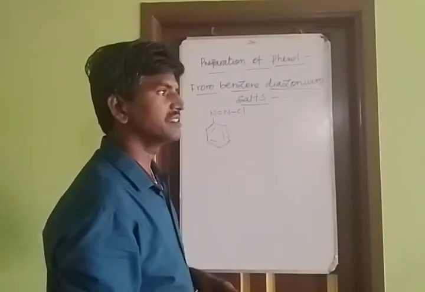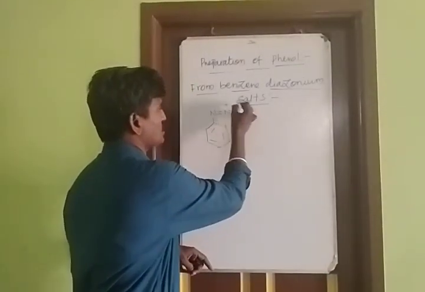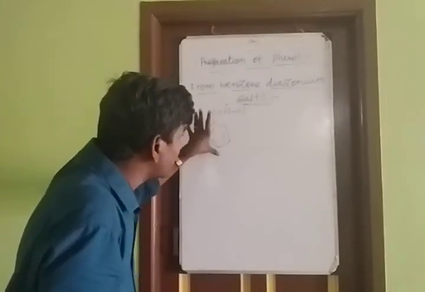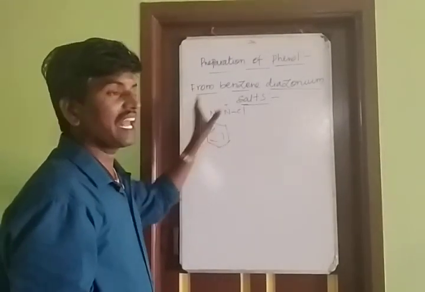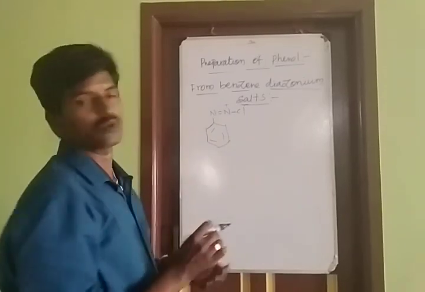Okay. First of all, I am going to prepare benzene diazonium chloride. Then I will prepare phenol from benzene diazonium chloride.